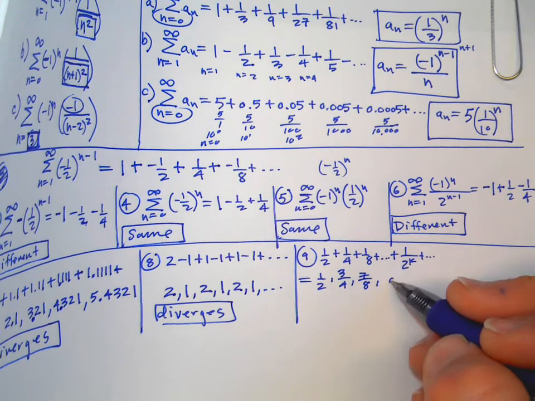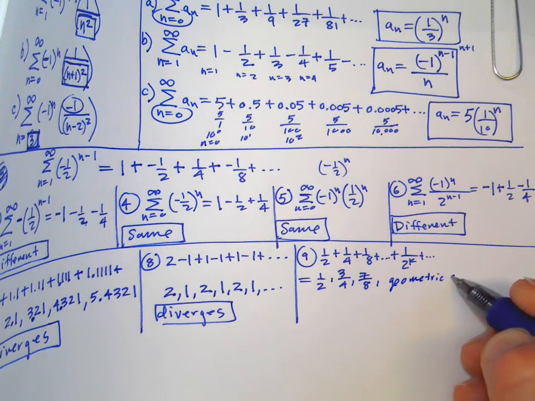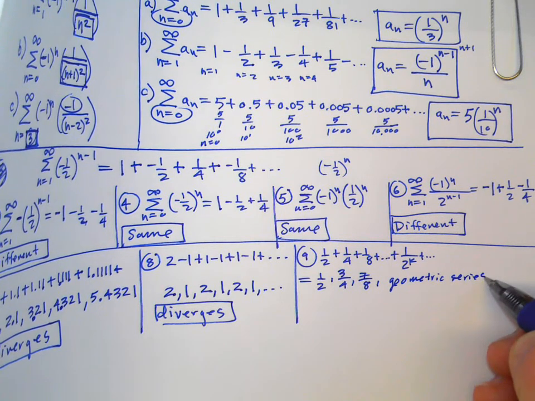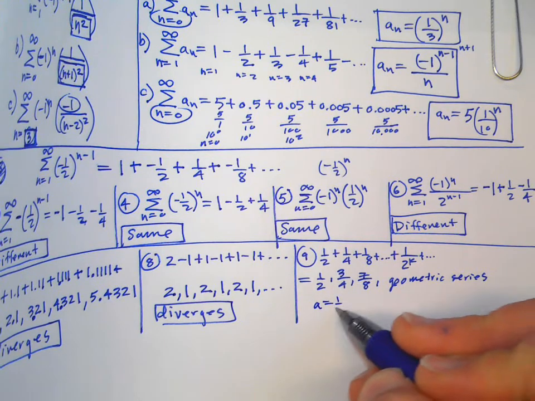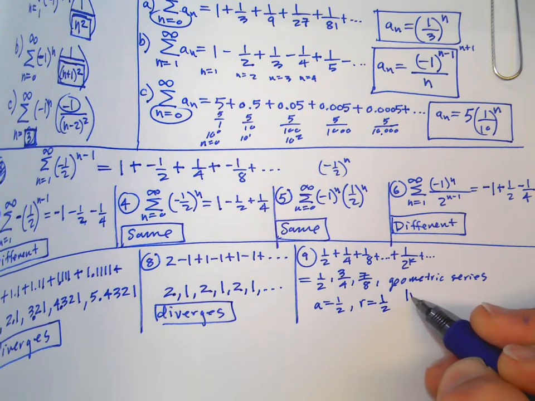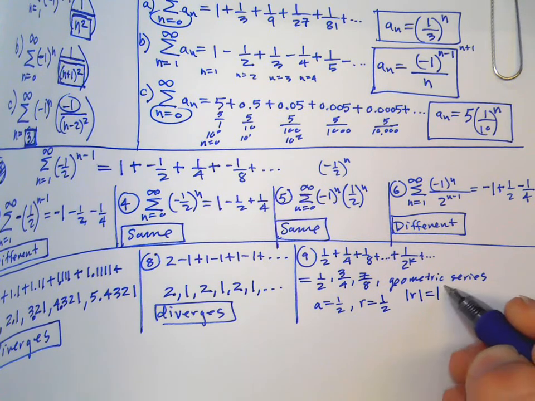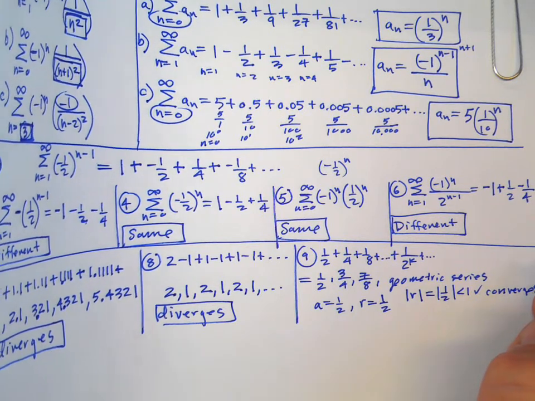This is a geometric series, by the way. The a value is 1/2. The r value is 1/2. You could do your test: is the absolute value of r less than 1? Yes, it is. So it converges.